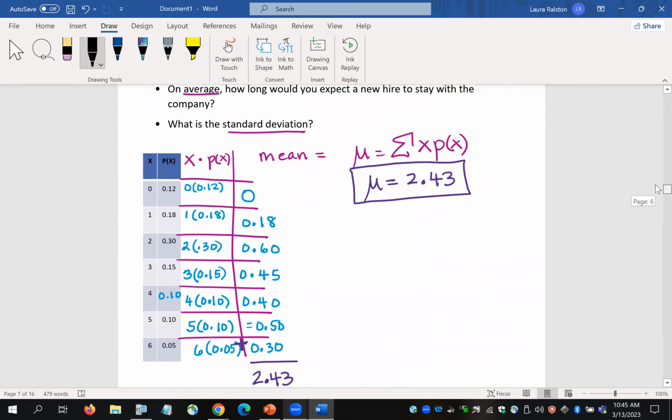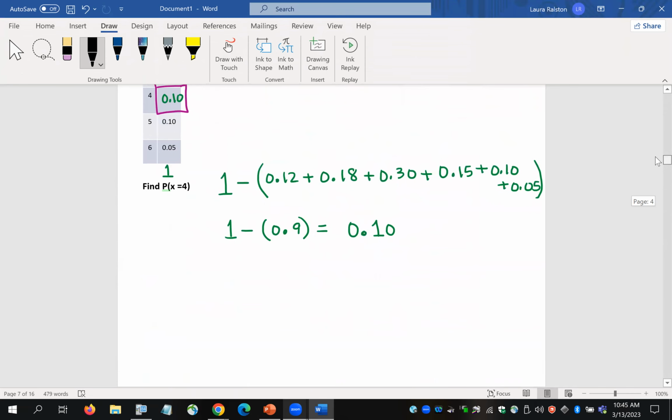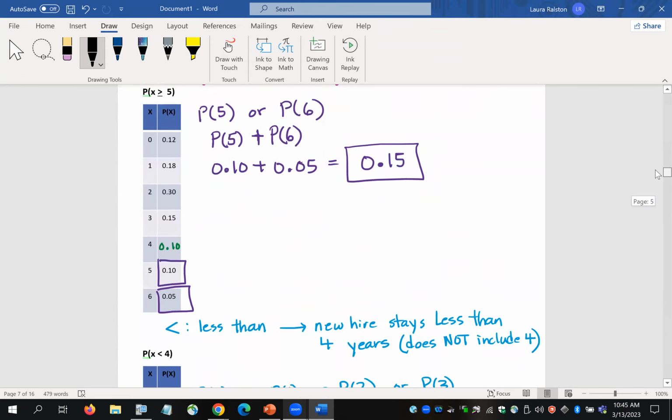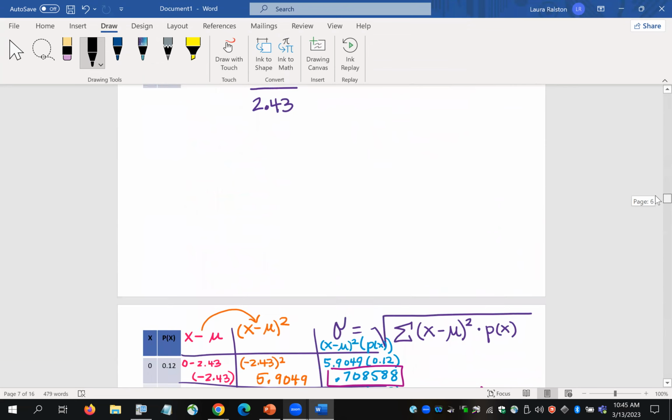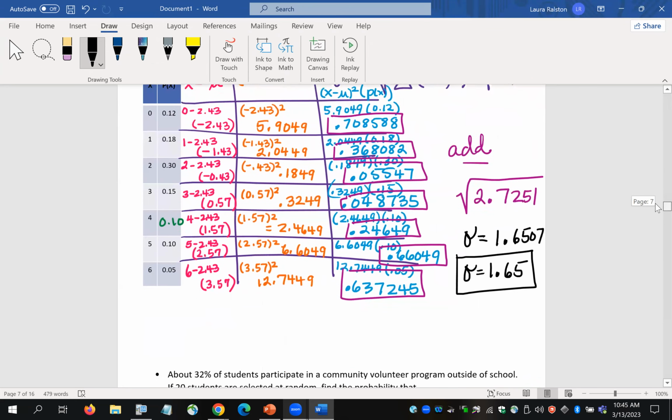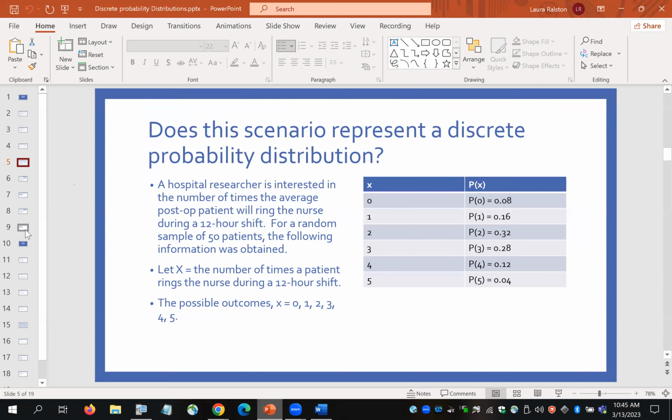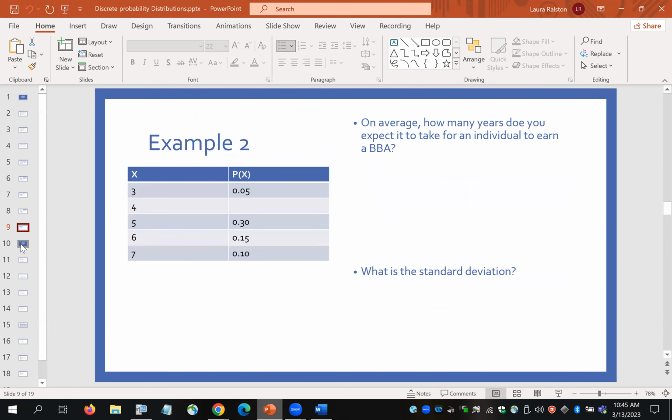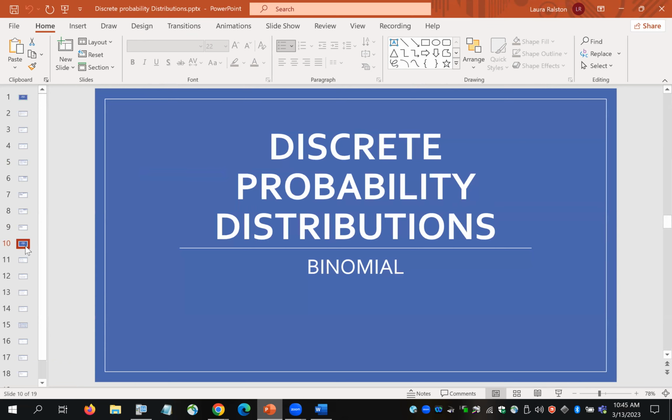Okay, questions related to the generic probability distribution. Okay, I'm going to move then to the binomial.